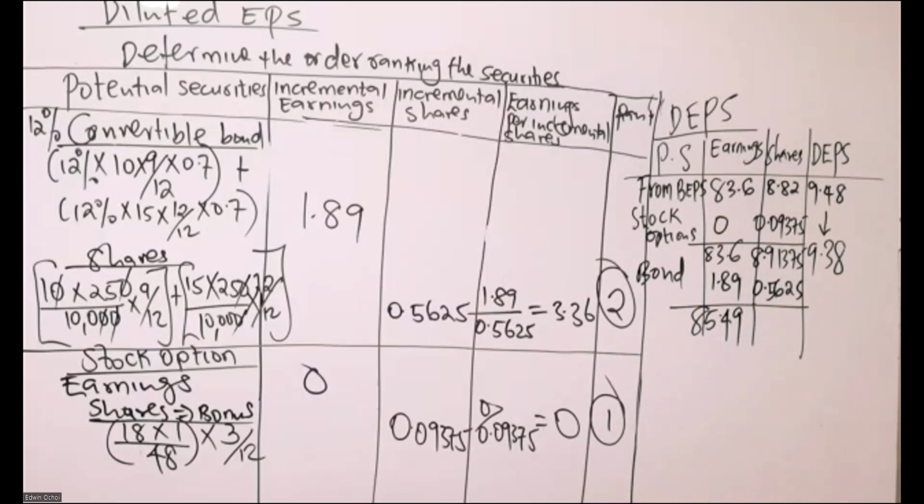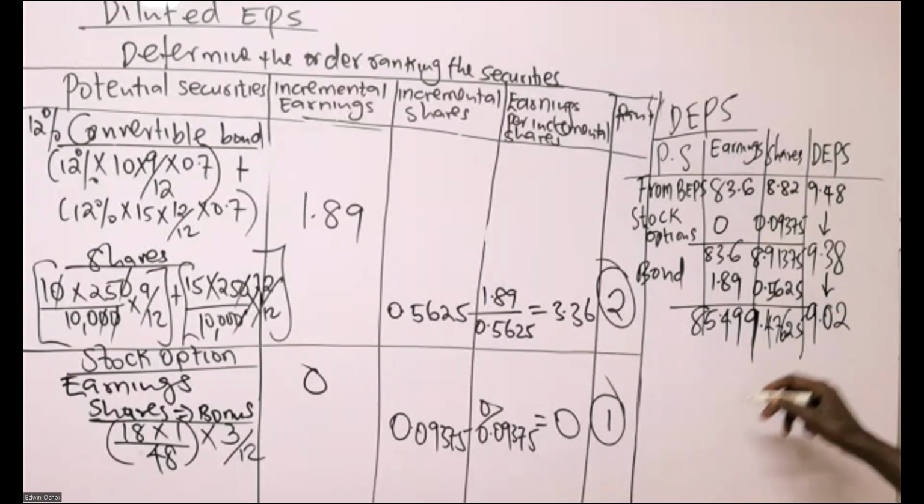The other one, 8.91375 plus 0.5625, is 9.47625. Divide 85.49 by 9.47625 and the answer is 9.02.